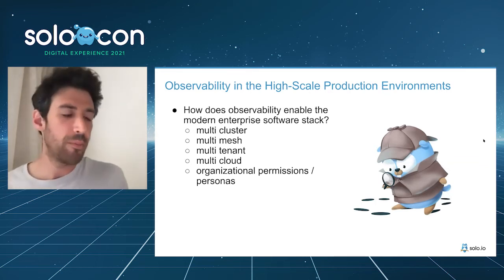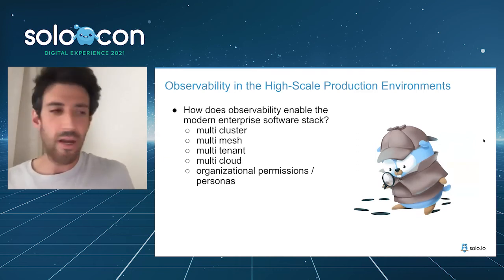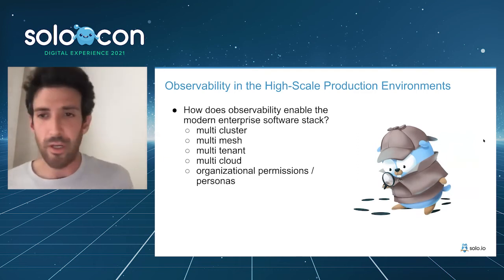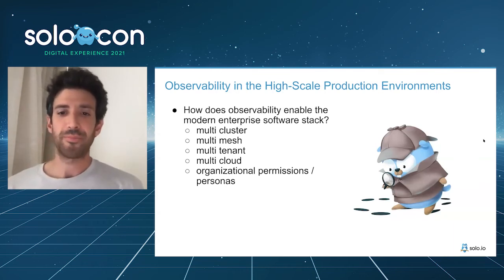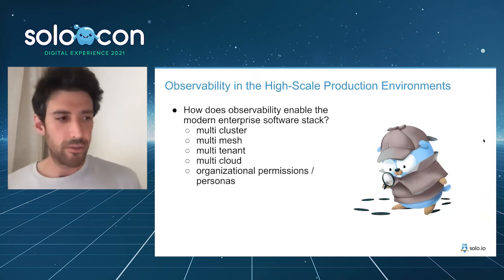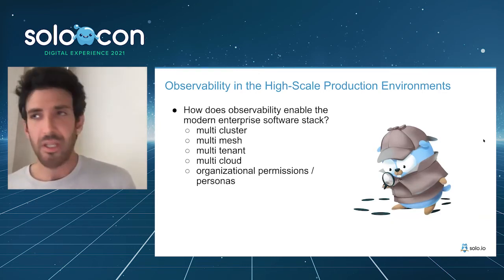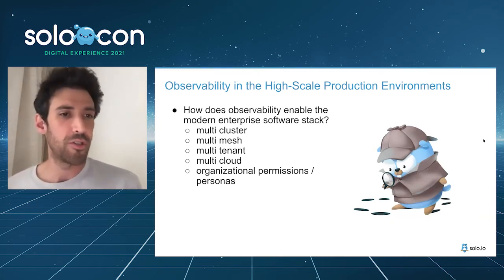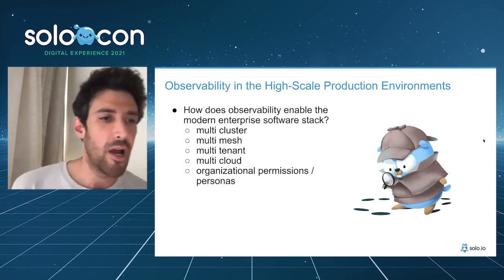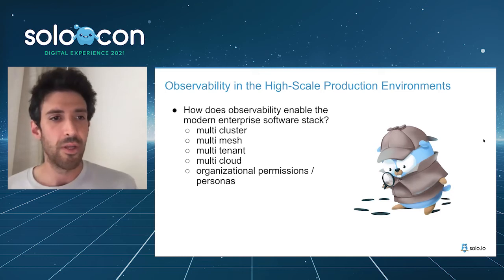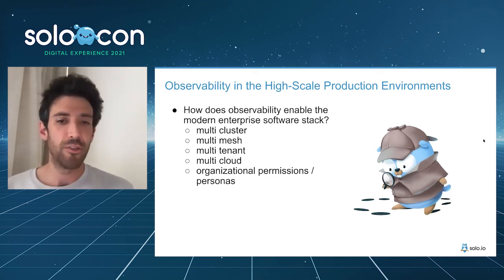Sometimes those clusters are replicated and they've got clones of services and they're running, let's say, in different regions or on different clouds. Sometimes there are different clusters that have different responsibilities and therefore they have different security boundaries. There are really a number of complex situations that we get into, and this increases the burden for observability.